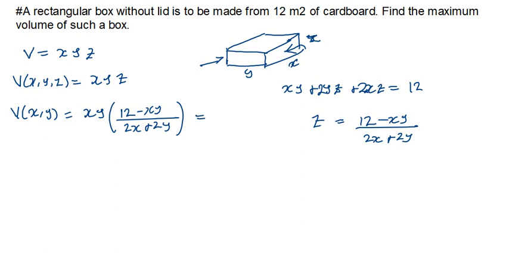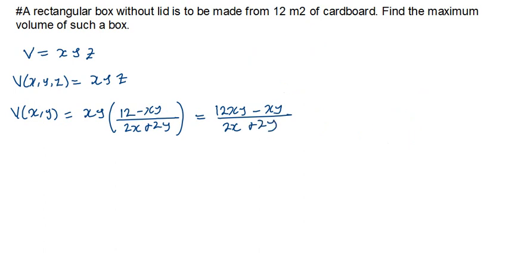This is the same as writing it as (12xy minus x squared y squared) divided by (2x plus 2y). First things first, remember we have to use the second partial test to determine what the maximum is.